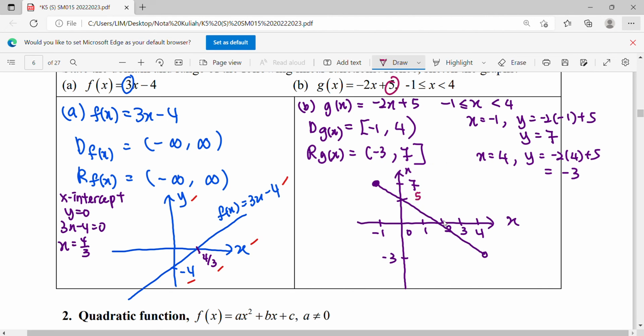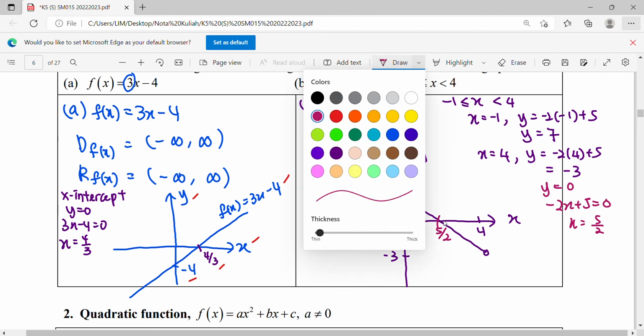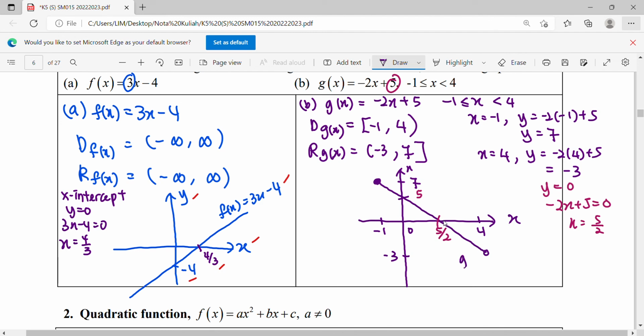For the x-intercept, we have to calculate when y is equal to 0. So x will be equal to 5 over 2. So label out our important points. Lastly, with our function. The function here is gx equals to negative 2x plus 5.